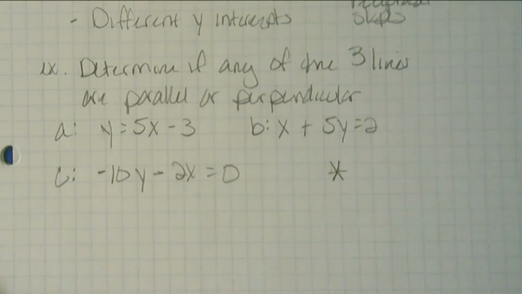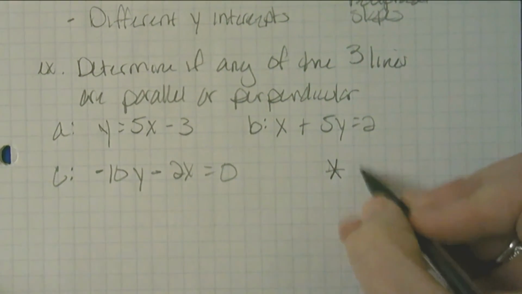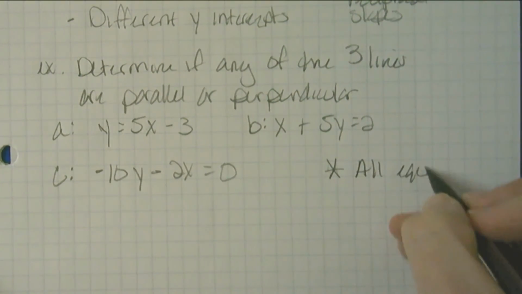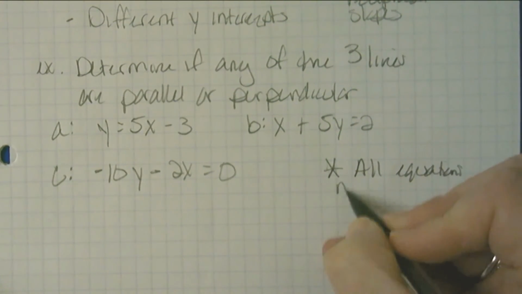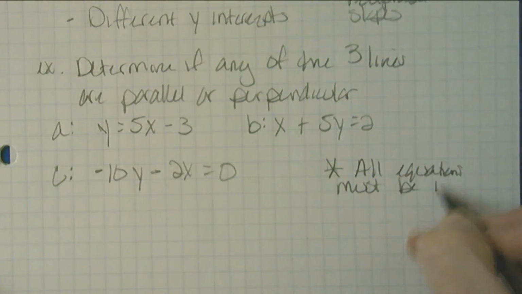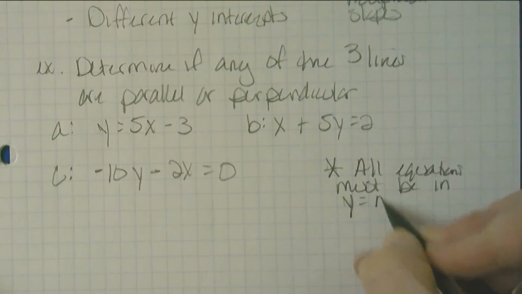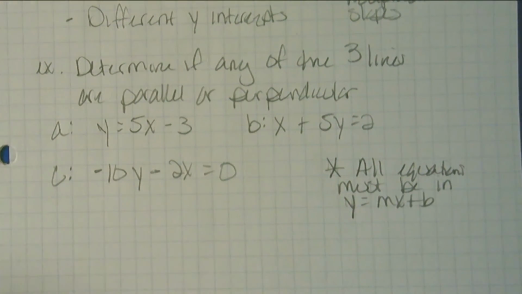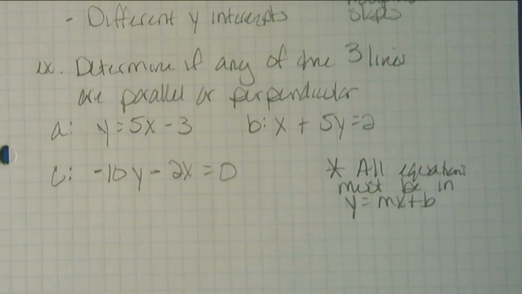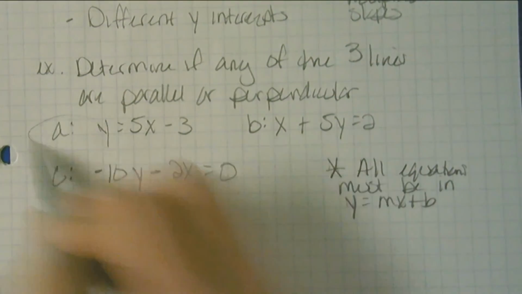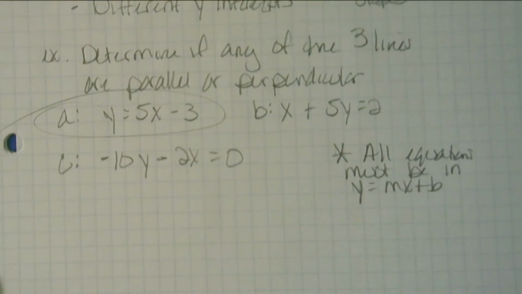I need to make sure they're all in slope-intercept form. So all equations must be in y equals mx plus b. So all of you change those so they're in that format, please. That first one already is, so I'm just going to circle it because I know I'm done with it.